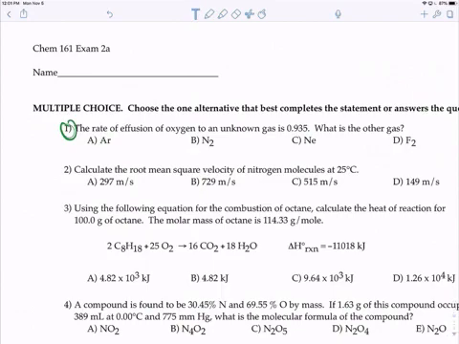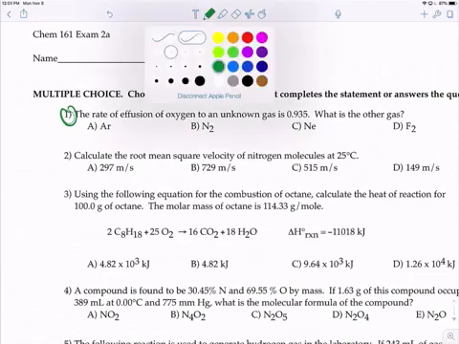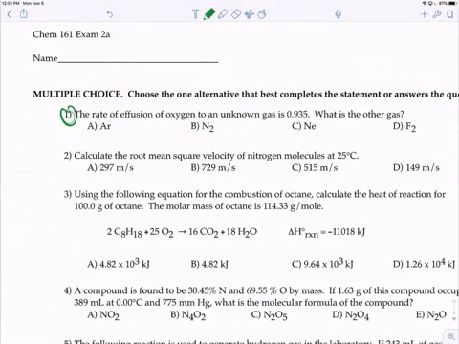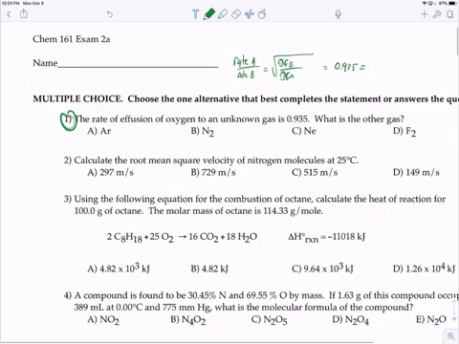So the rate of A to the rate of B is equal to the square root of the molecular weight of B over the molecular weight of A. So 0.935 equals the square root of, so it'll be oxygen, so it'll be unknown over 32.